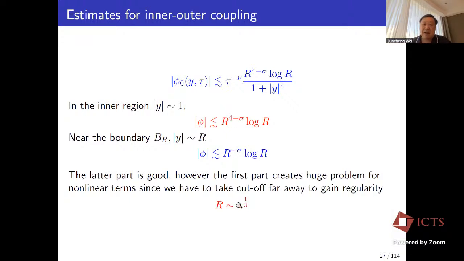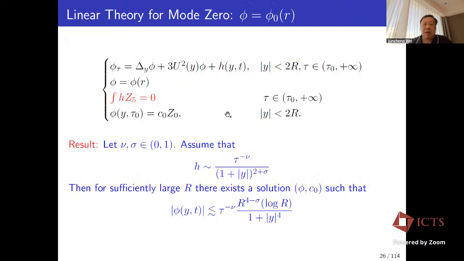This is a huge problem in deciding which R to take. To correct this we have to do a secondary reduction, but I will not discuss this, because inside it is too huge and loses too many derivatives.